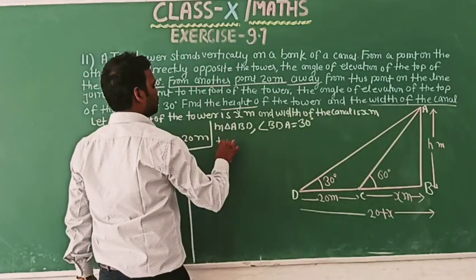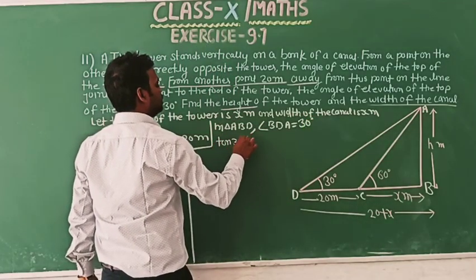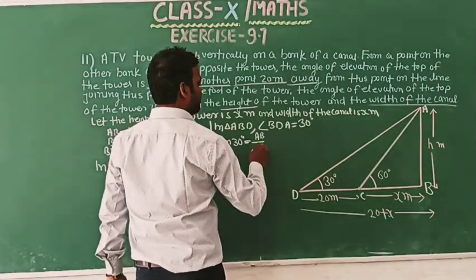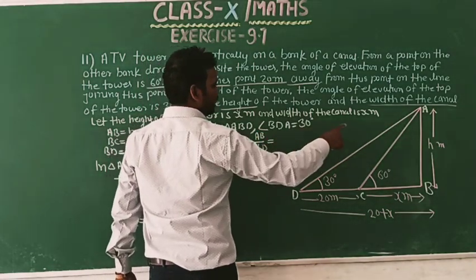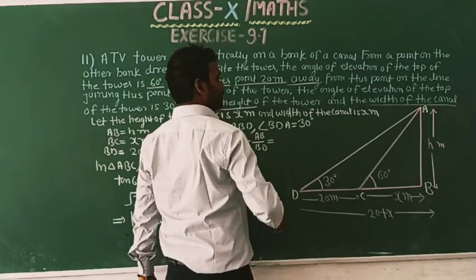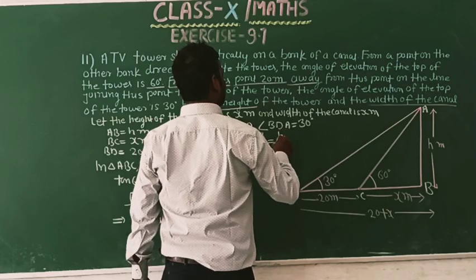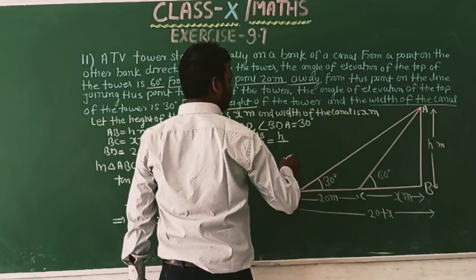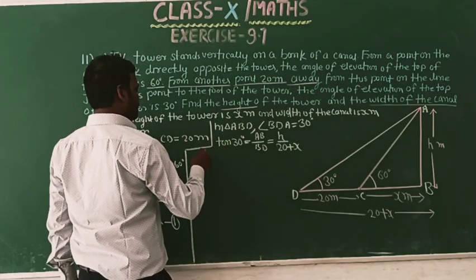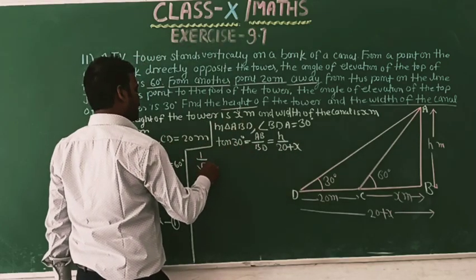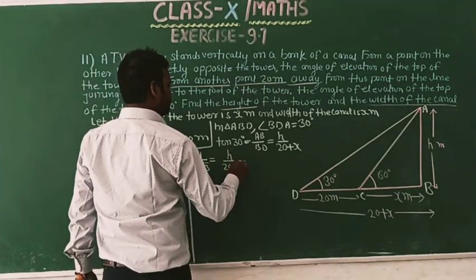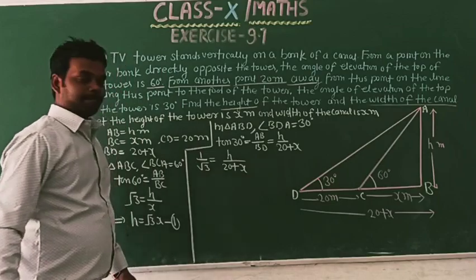So therefore tan 30 degree equal to AB by BD, where AB is the height of the tower which is equal to h and BD equal to 20 plus x. The value of tan 30 is 1 by root 3, equal to h by 20 plus x.